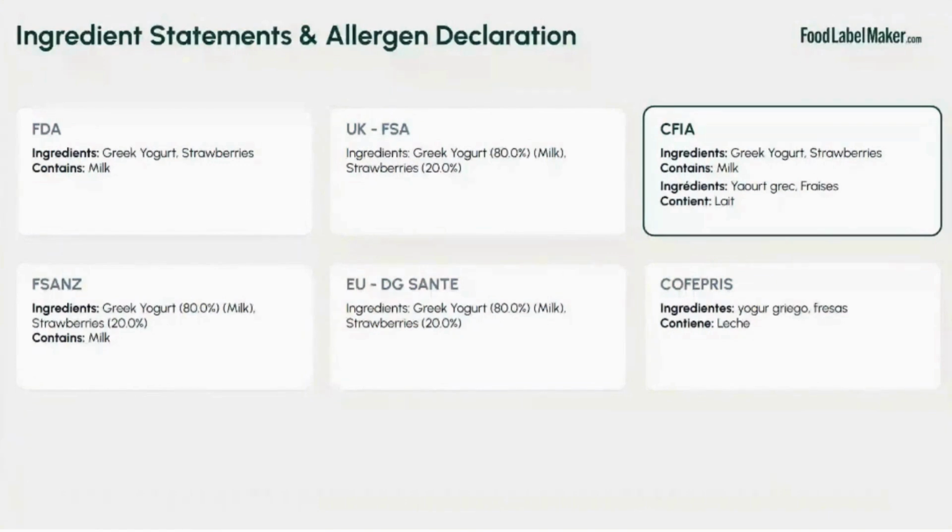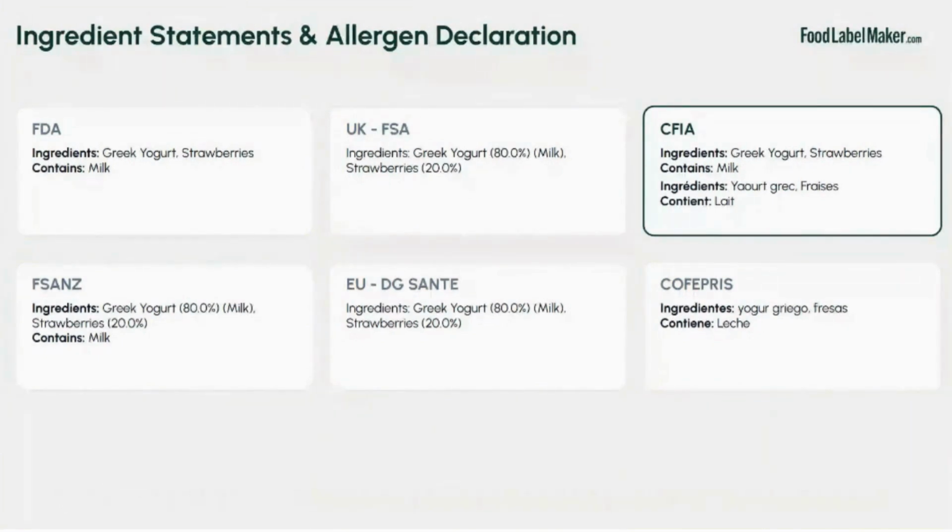When it comes to Australia and New Zealand, it's a bit more flexible. It also allows either a contains statement or ingredient highlighting. And lastly, Mexico also relies on a contains statement to declare the allergens, as you can see here.